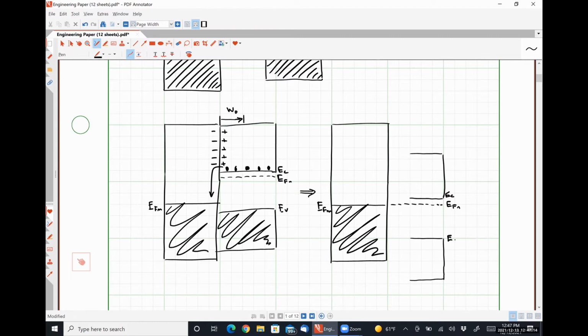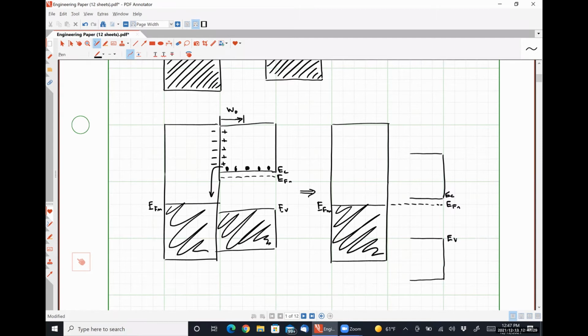Here's E sub V. And our bands are going to bend in the direction, or up in the direction of the electric field, right?